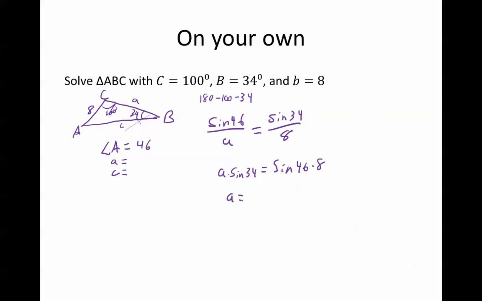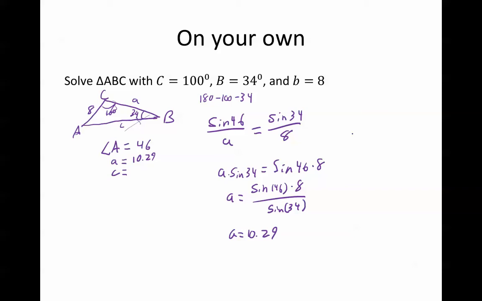Which means A equals sine of 46 times 8 all over sine of 34. And when you do that up in your calculator, you end up with 10.29-ish. Right? We might have some rounding differences if you're doing it, but you should get right around 10.29.